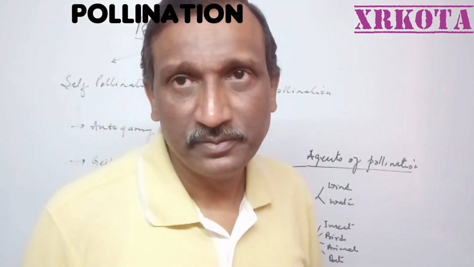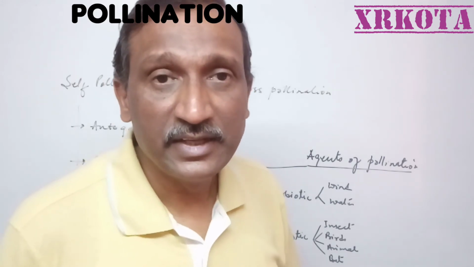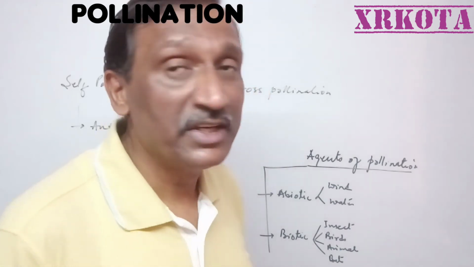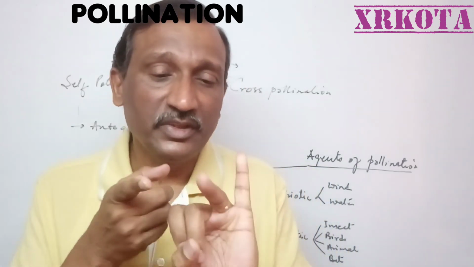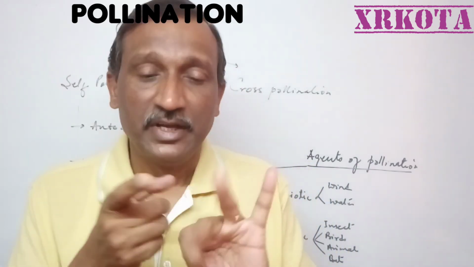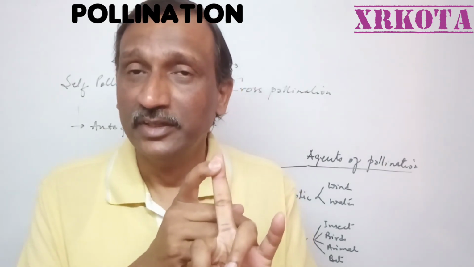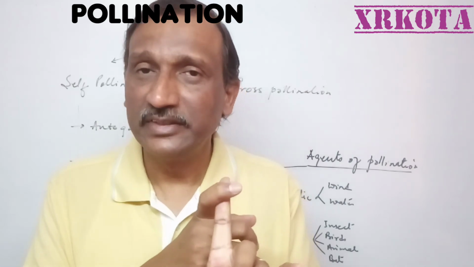And bats pollinate night-blooming flowers, which are white in color. Naturally, whenever plants have to involve biotic agents, they have to provide some attractants that may have different colors and different shapes, and they should also provide some reward in the form of nectar or in the form of insects living there because of the nectar.